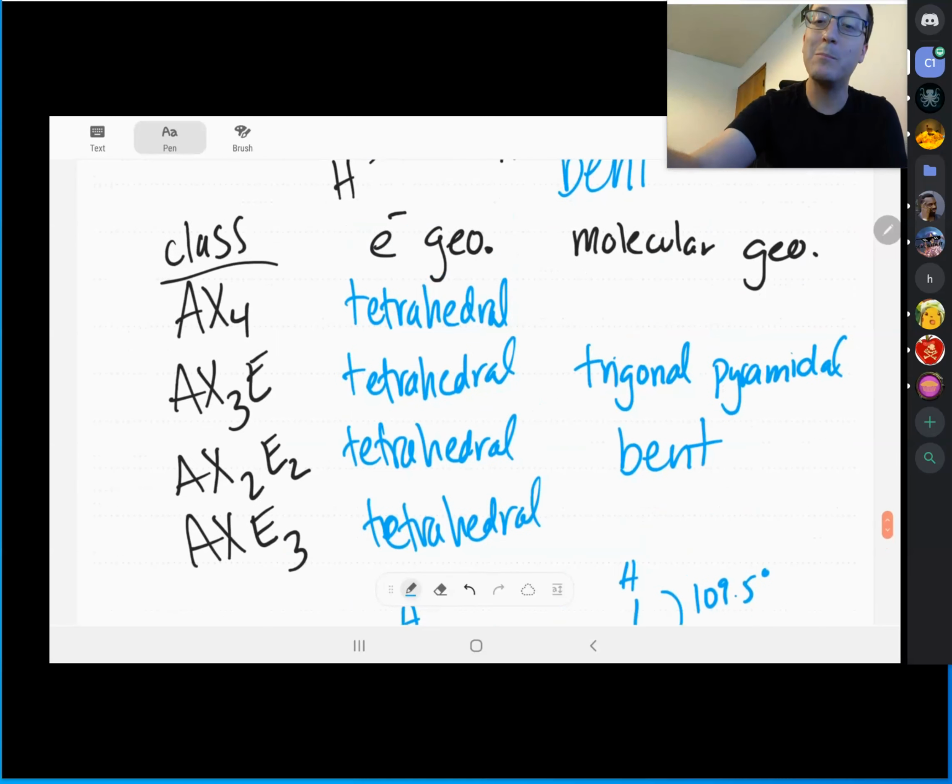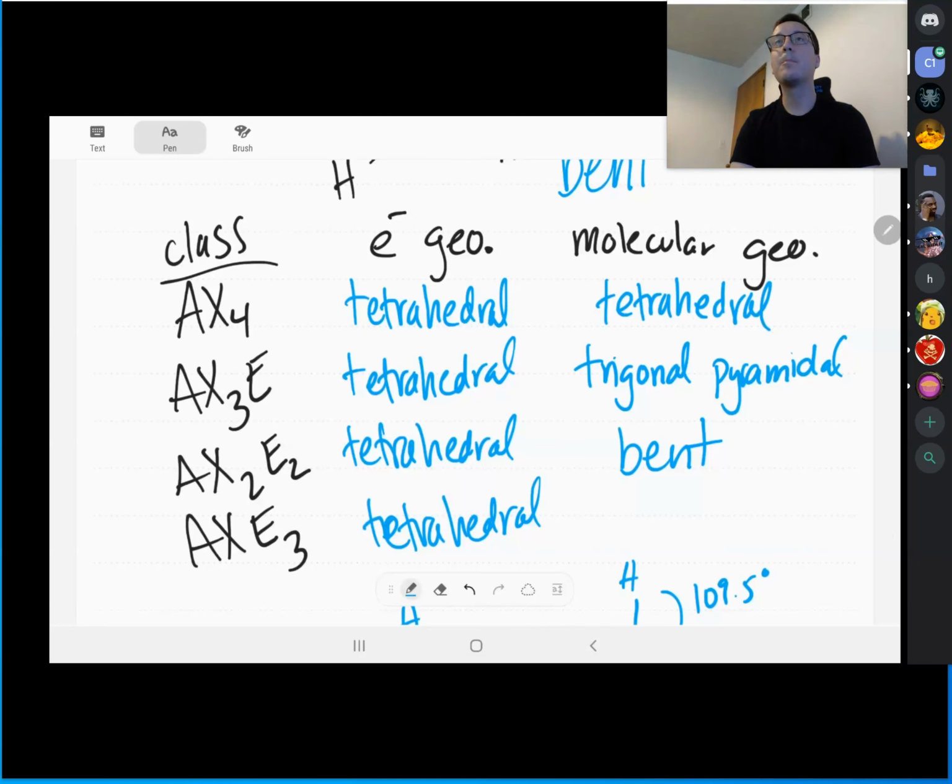So our shape molecularly is still tetrahedral. Its electron geometry and molecular geometry are the same because there are no lone pairs. When we put in lone pairs, that's when our molecular geometry can be different.